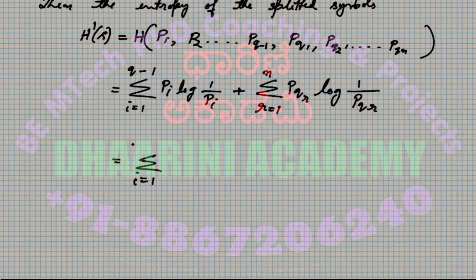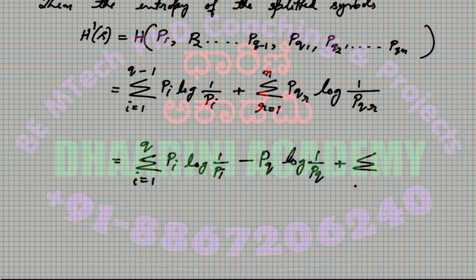If I want to add the qth term, I have to subtract the qth term. So see the change: i is equal to 1 to q, Pi log of 1 divided by Pi. I added a qth term, so I should subtract the qth term, right? So PQ log of 1 by PQ, then remaining terms as it is.